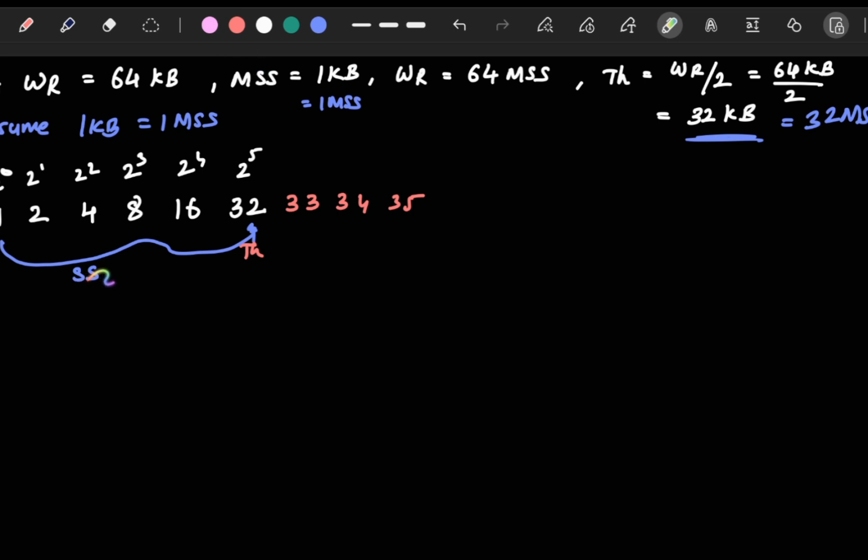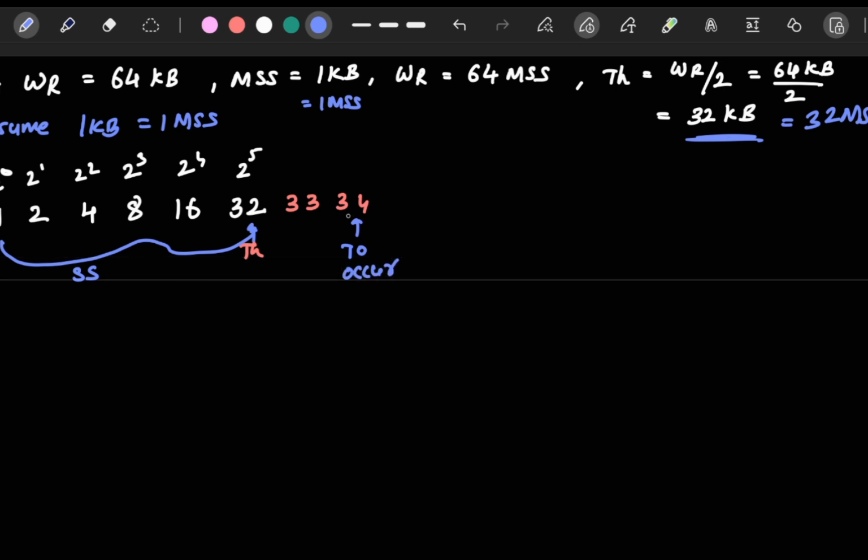Here we are in the slow start phase, then here we are in the congestion avoidance phase. Now assume that while it is growing linearly, suddenly there is some congestion. Assume we are at, for example, the 34th. When it is sending 34 segments, a timeout occurs.